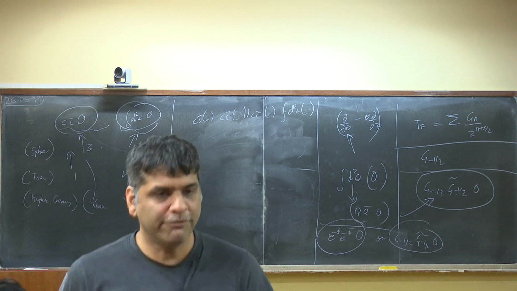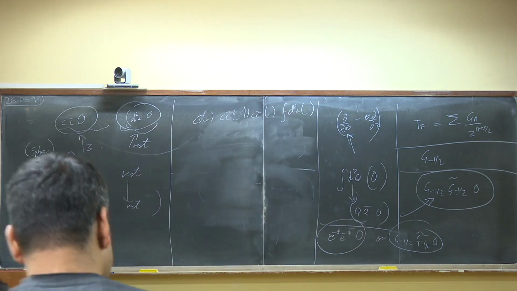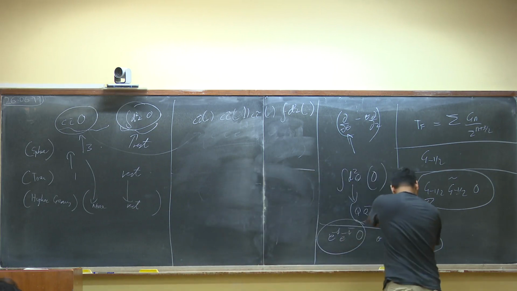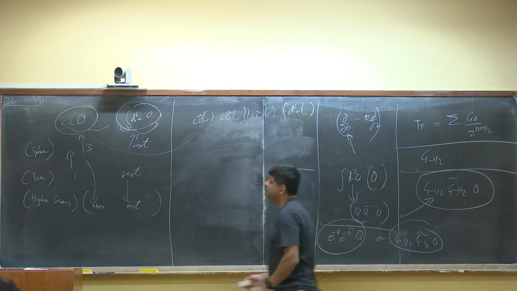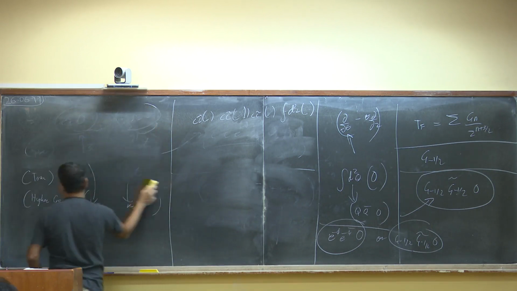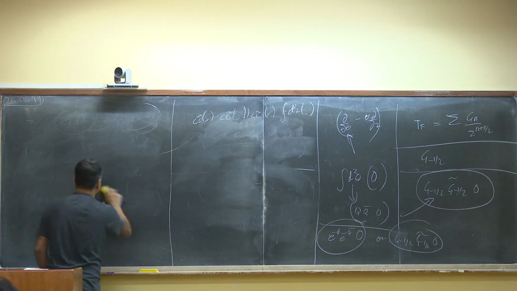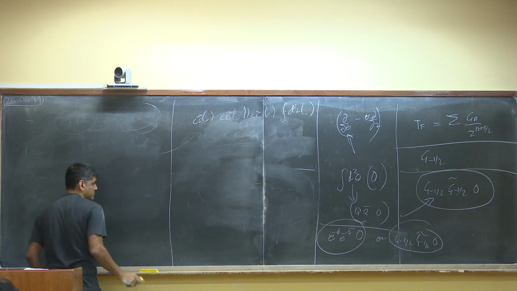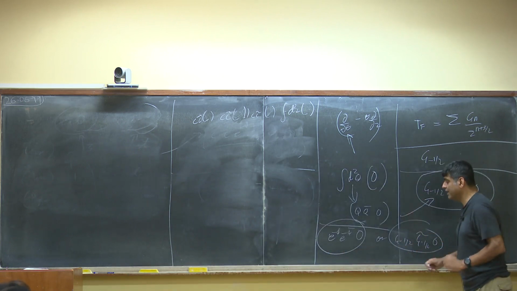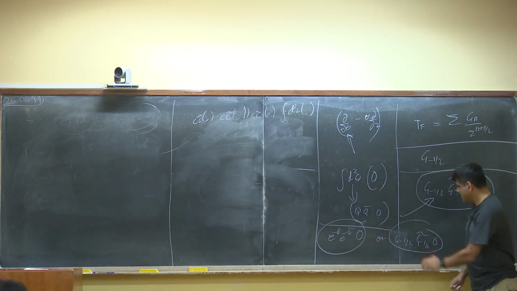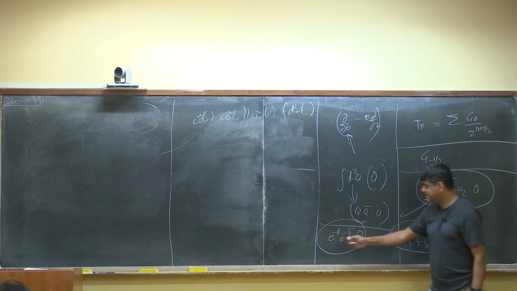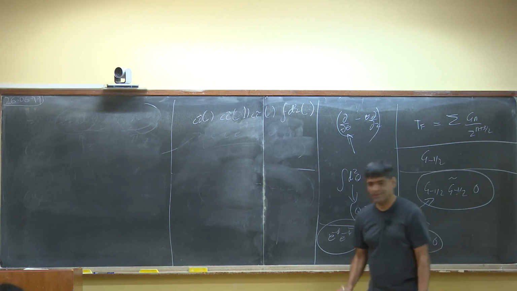So now the key difference here, in order to figure this out, is the following observation: this part is purely in the matter sector, whereas this part has superconformal ghost contributions as well.